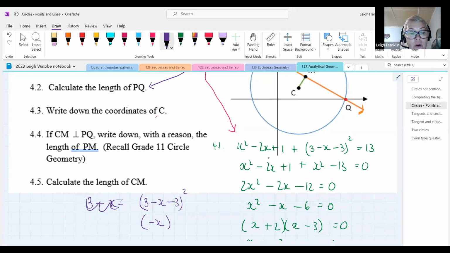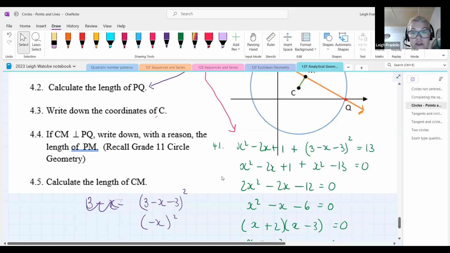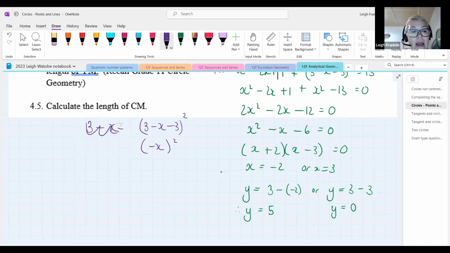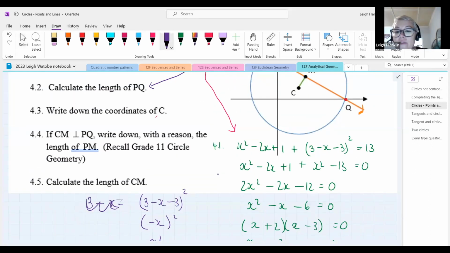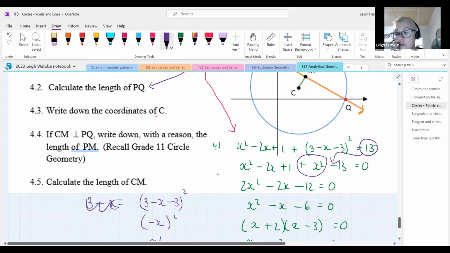That means you've got negative x in brackets, which you need to square, which will give you x squared. So that's why over here I just have x squared. Oh, okay. And then it's the minus 13 because the 13 came over from this side onto that side over there. Okay. Thank you.